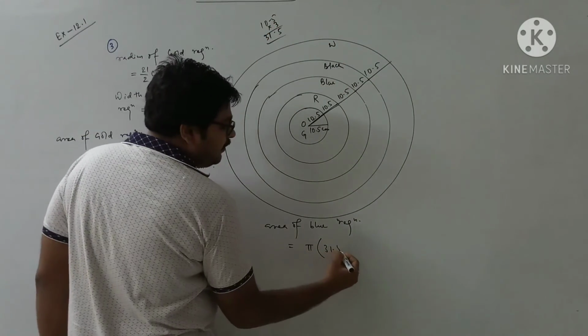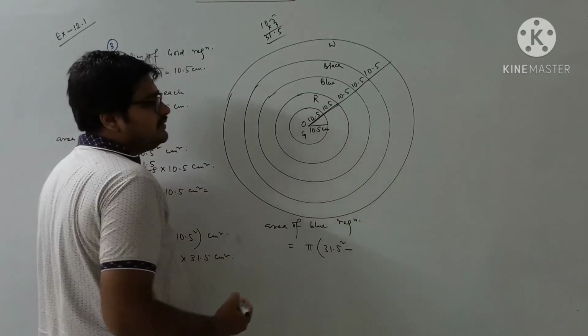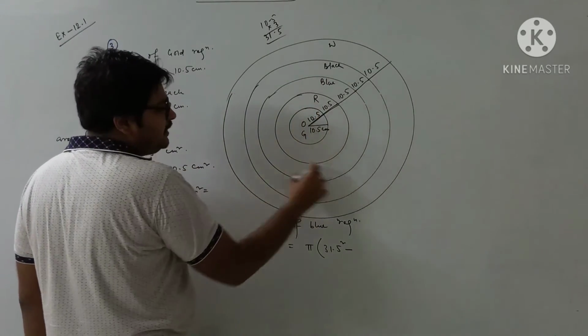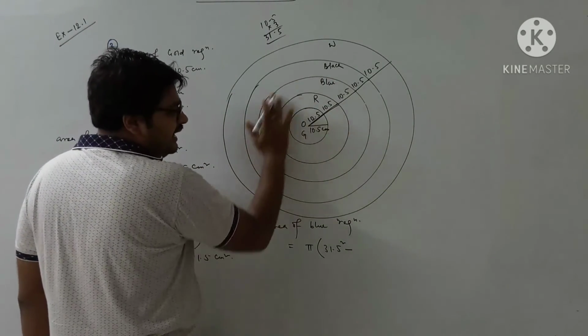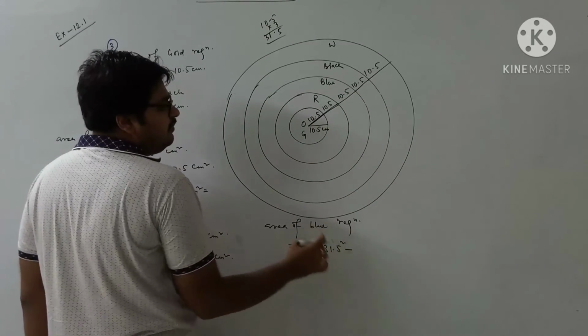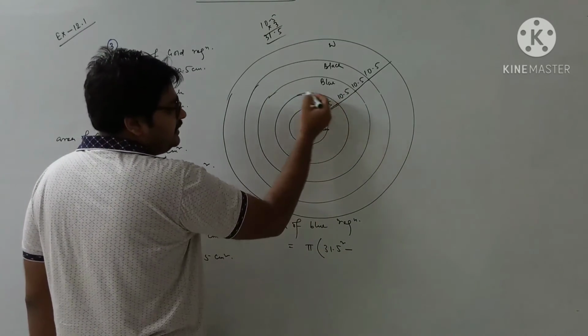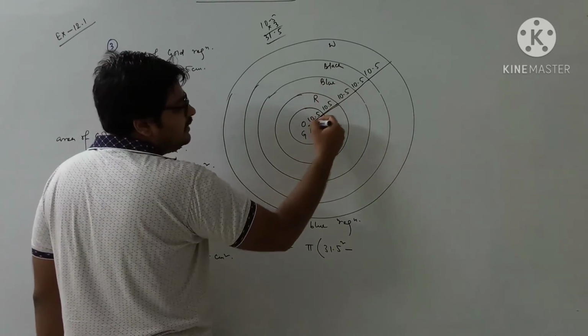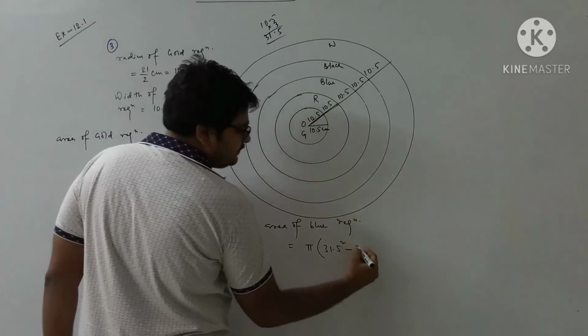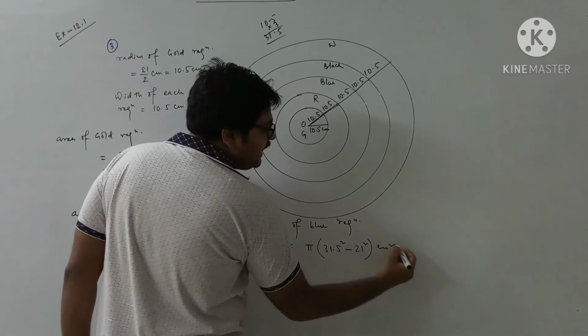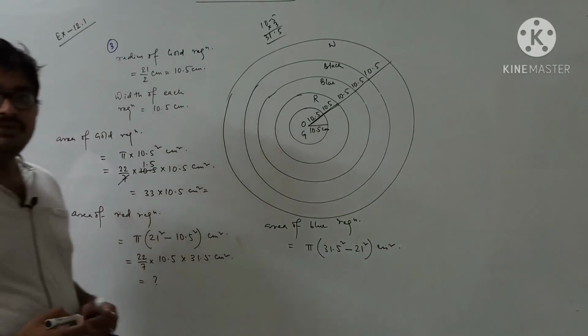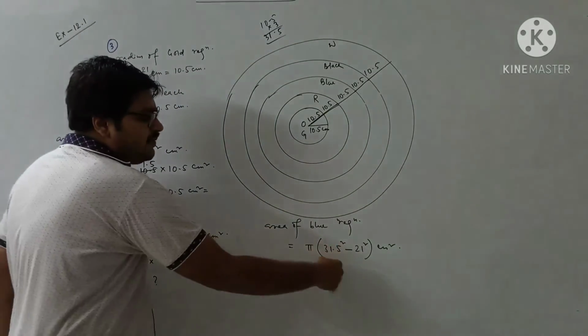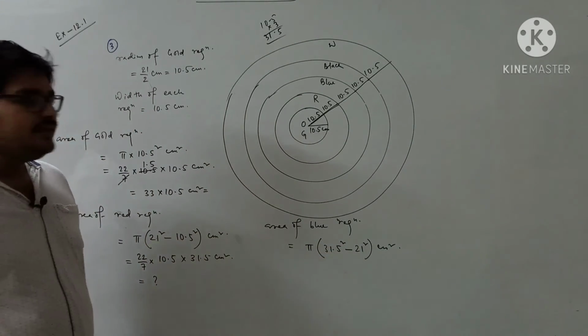So 31.5 square minus... To find the area of the blue region, we take the complete area, pi into this, and subtract this area, whose radius is 21. Try to understand how we are doing the sum. Again, you will use the formula and calculate yourself.